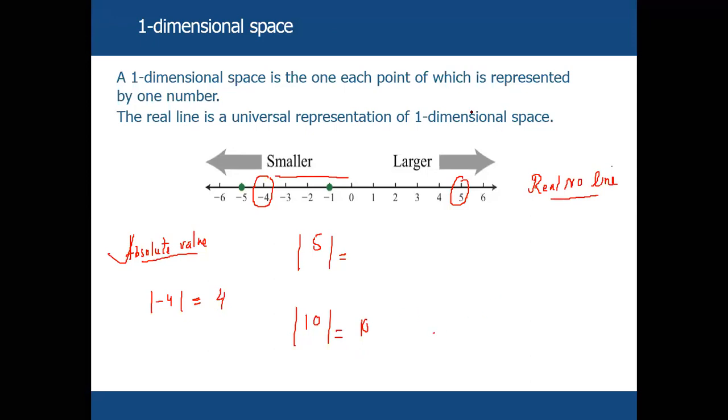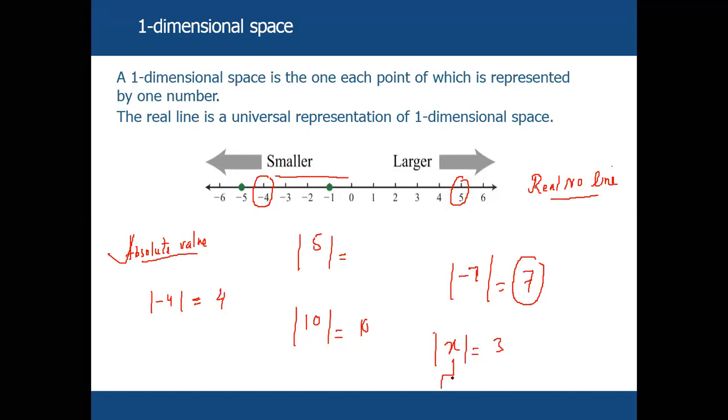If we have a negative number like the absolute value of minus 7, how far is minus 7 from 0? Minus 7 is 7 units away from 0. If we have the absolute value of x equal to 3, what is x?